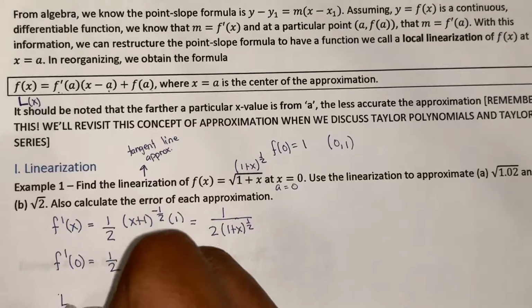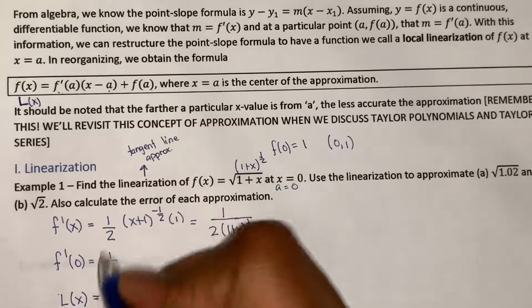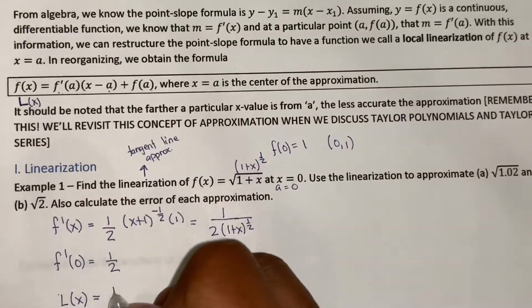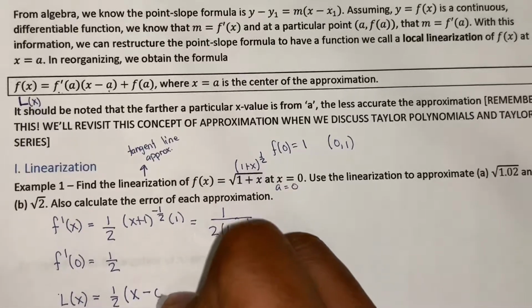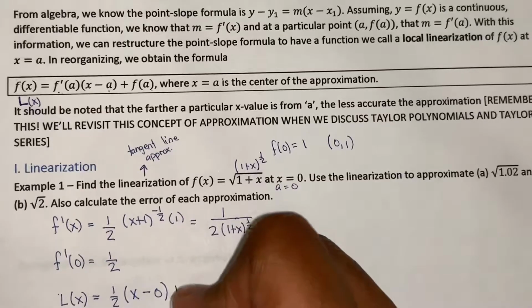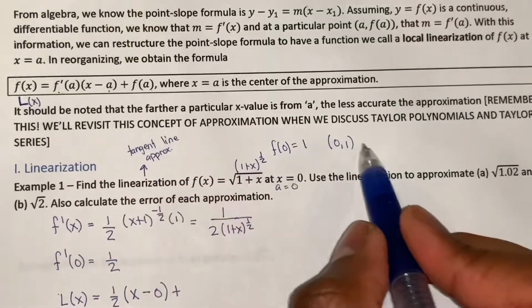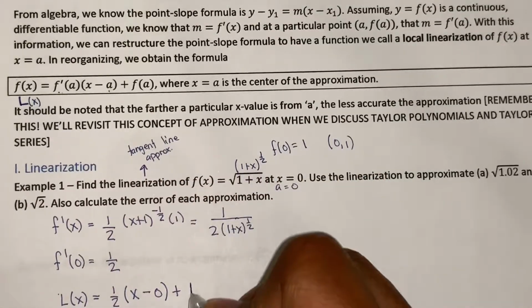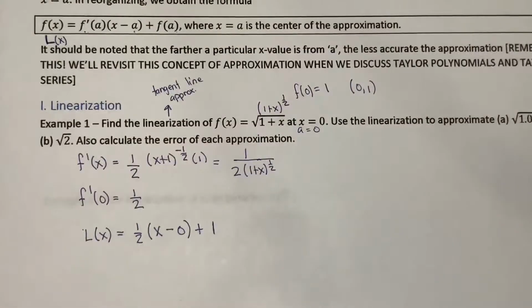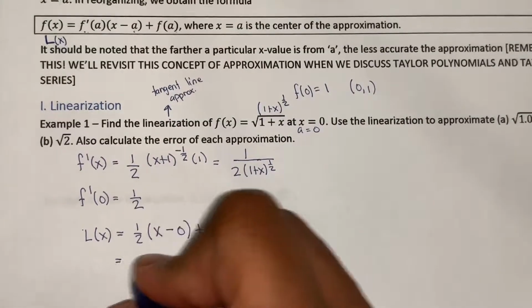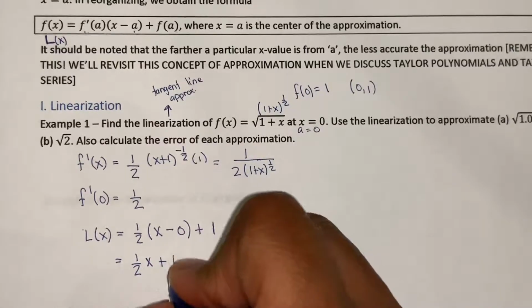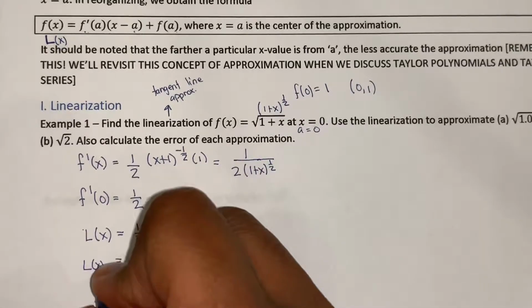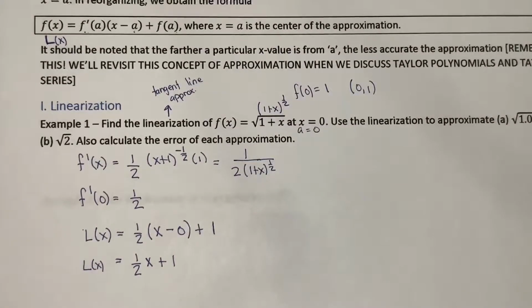So L of x equals f prime of a, 1 half, times x minus 0, plus f of a, which was 1. If we simplify this, we get 1 half x plus 1. So our linearization is this.